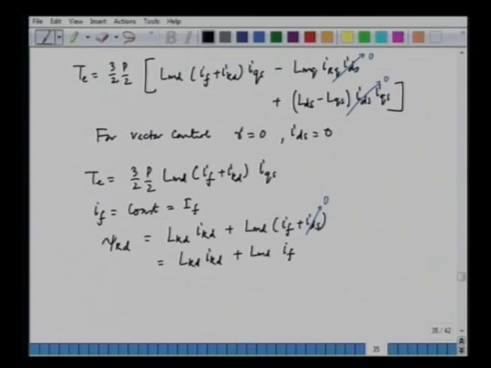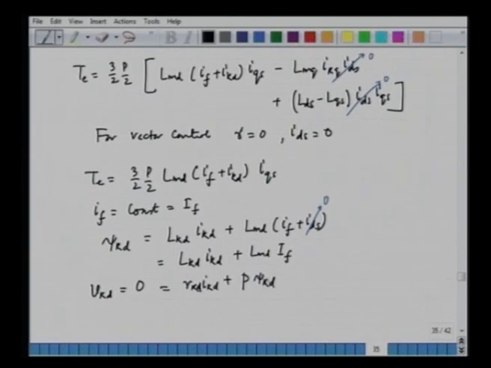So we can replace that IF by capital IF, which is a constant quantity, and we can write down the equation for the damper. The damper winding is a short circuited winding. There is no voltage applied in the damper winding. So VKD is equal to 0. It is a shorted winding. That is equal to RKD IKD plus p psi KD.